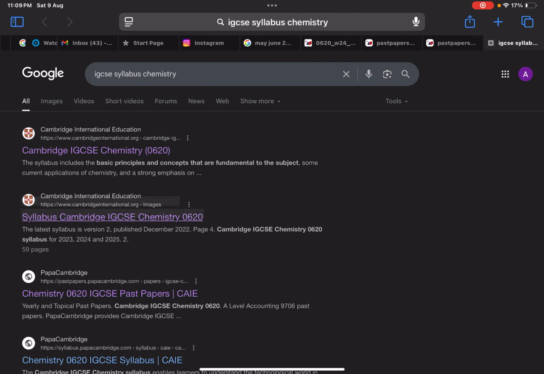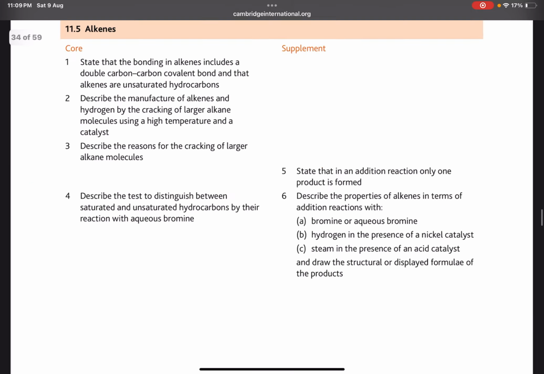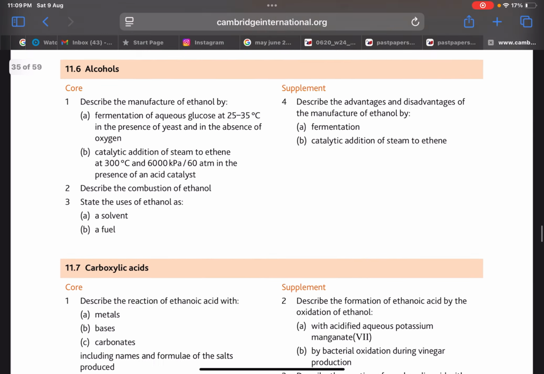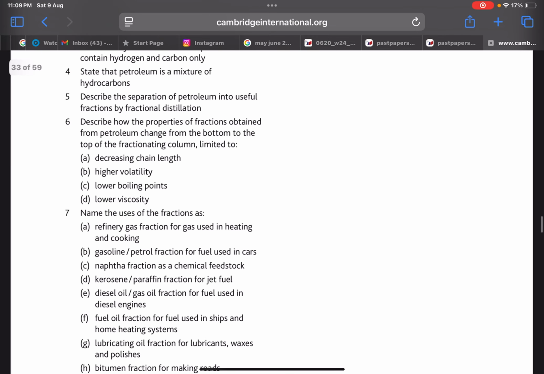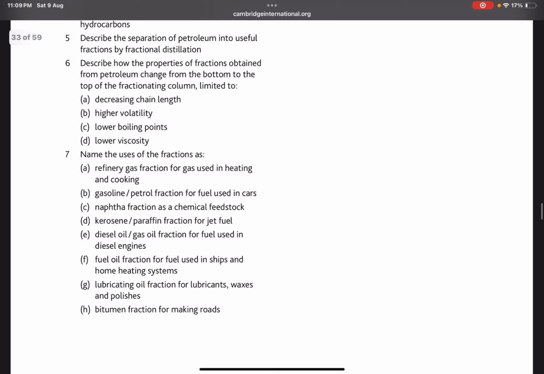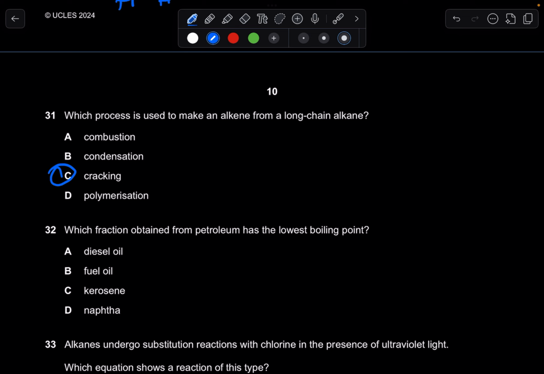This is your Cambridge IGCSE syllabus, and over here you are going to see all your fractions, and you should know them. Firstly there's refinery gas, gasoline, naphtha, kerosene. So naphtha is a smaller fraction than kerosene, because as you're going down, the chain length of carbon is increasing. So the lower boiling point is going to be of naphtha because it's above kerosene.